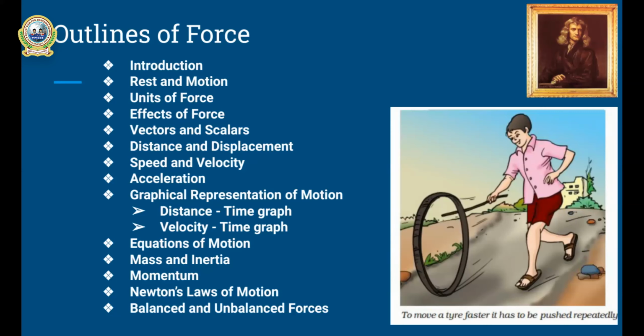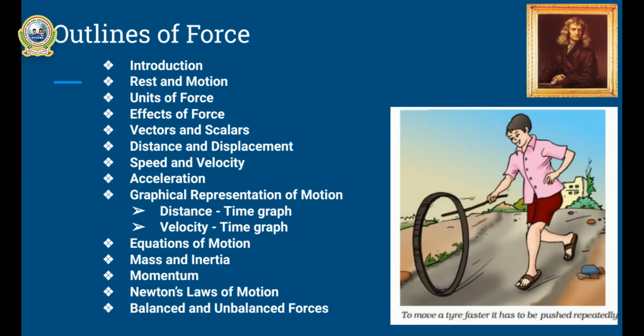And the next topic, from class 9, is vectors and scalars. What are vectors and what are scalars? And some examples of vectors and scalars, distance and displacement. We'll go ahead reading speed and velocity. Then we'll come to acceleration, with definition, SI unit, formula, and some numerical problems. The main new topic that we are going to read, beyond class 9, is graphical representation of motion.